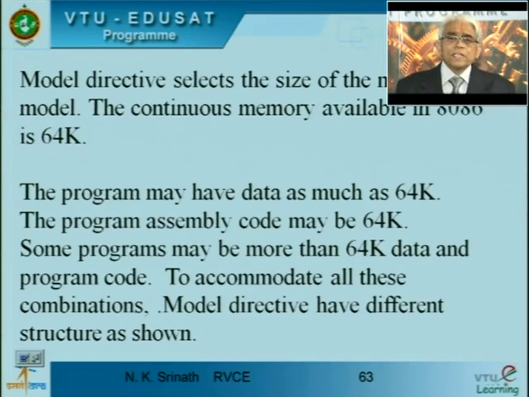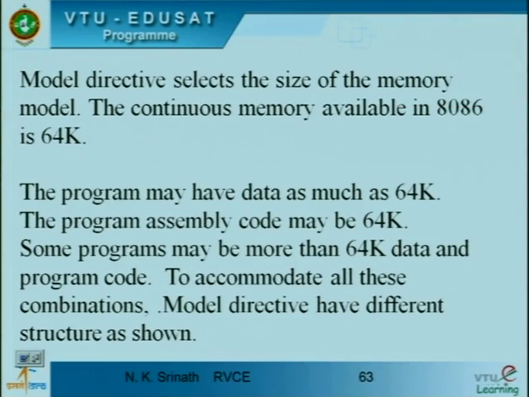Now let us go into the details of what this .model means. The .model directive selects the size of the memory model. The continuous memory available in 8086 is only 64K, so you need to look into the situation when there is more than 64K for data or more than 64K for a program, or when you can accommodate both data and the program in 64K of continuous memory.